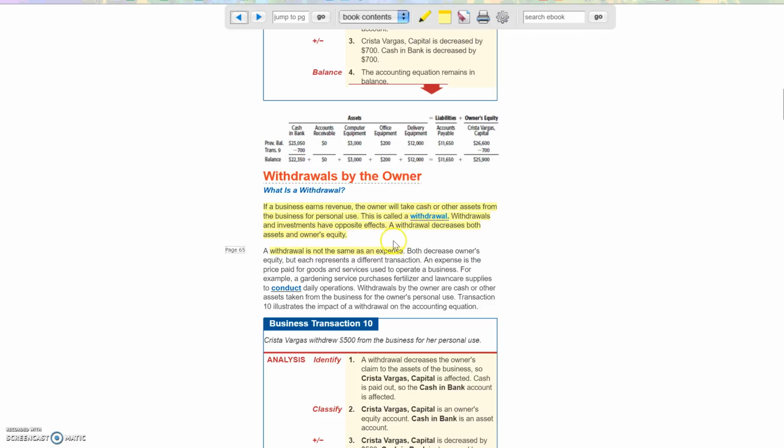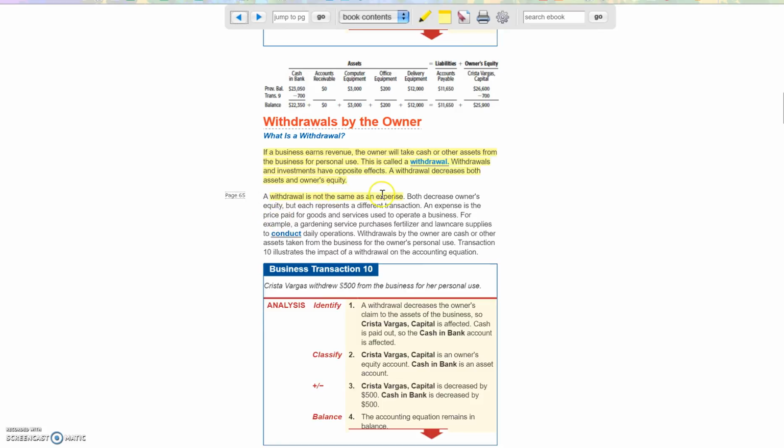Withdrawals decrease assets because they're taking cash, and they decrease owner's equity because he or she is losing part of their equity. Really important, though, that you don't look at them as the same as an expense. They act the same in the equation. They both decrease assets and they decrease owner's equity, but they're not the same thing. An expense is a cost of doing business. A withdrawal never has to happen. Of course, it does happen, but they're different.